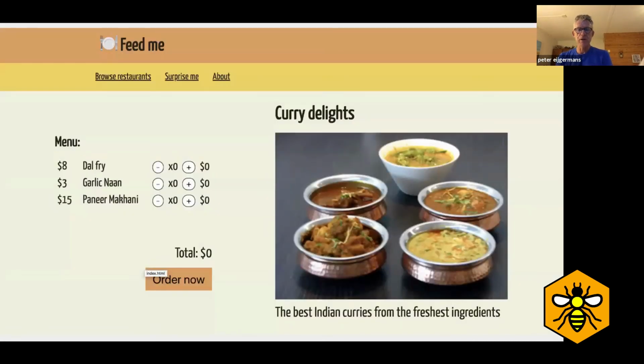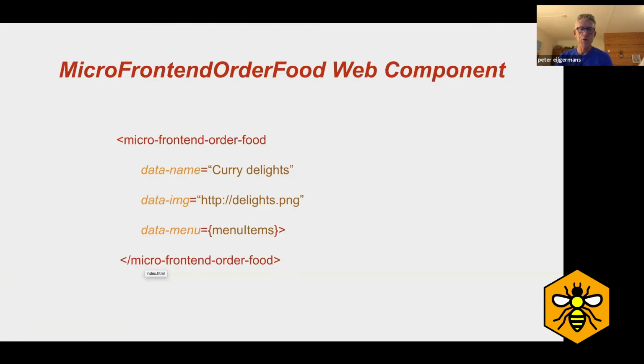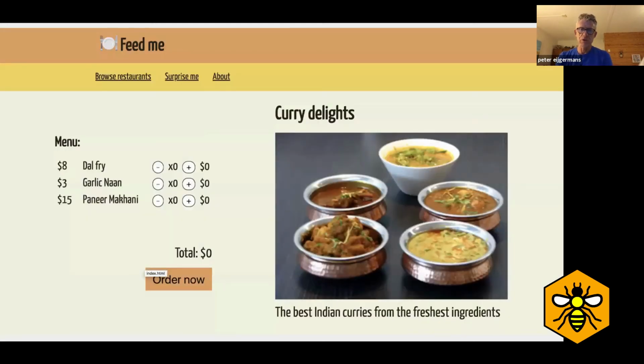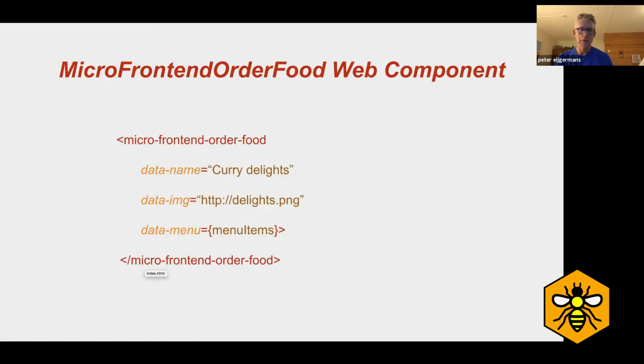So you see here this detail page, where you see a restaurant where you can order some foods. And I'm going to show you how you make such a web component. This web component, how do you make that in an easy style? When you want to make a web component, you have to create a custom HTML element.